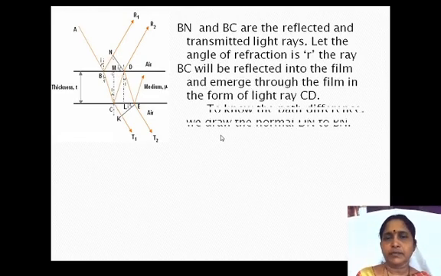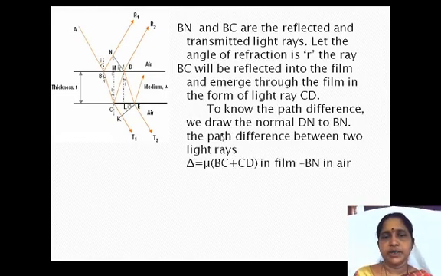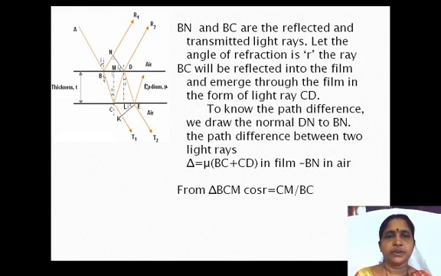The path difference of the two light rays is mu times (BC plus CD), where mu is the refractive index of the film, since the transmitted and reflected light ray travels in this film. BN is the path in air.